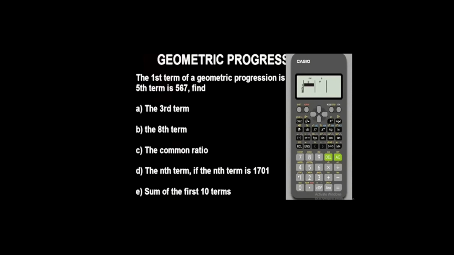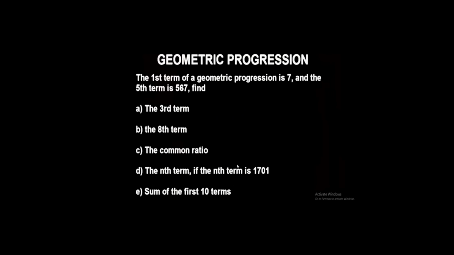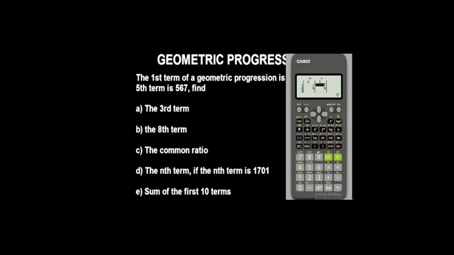Okay, so let's input the number of terms. X values: in the question, we have the first term and the fifth term. So we have 1 and 5. Then the first term is, let's check, 7. So you put 7 here.